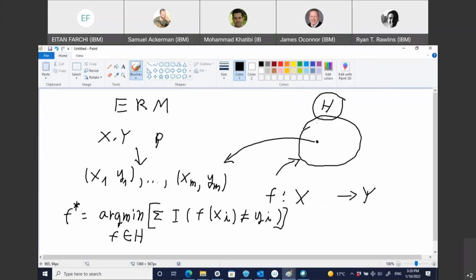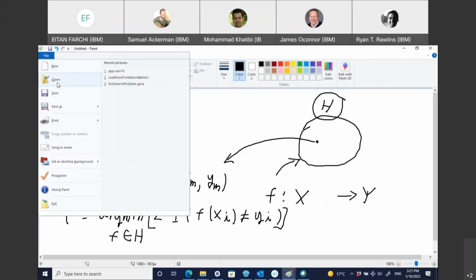So the answer is very interesting. Actually, the answer is an adversary can pick a distribution so that it can fool you completely. And let me explain that.